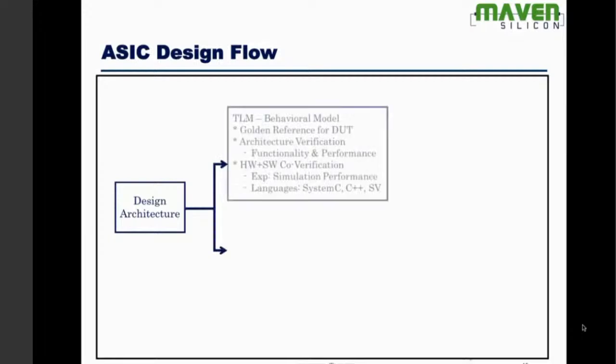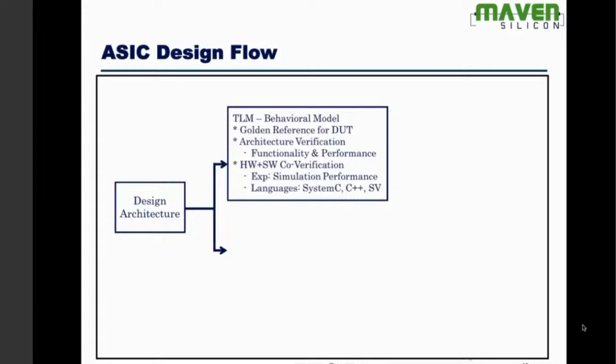So, I'm going to create a functional model. It's called TLM, transaction level model. It's non-synthesizable. So here the goal is entirely different. When it comes to verifying the functionality, we are looking for more performance during simulation. We are not looking at synthesis aspects.